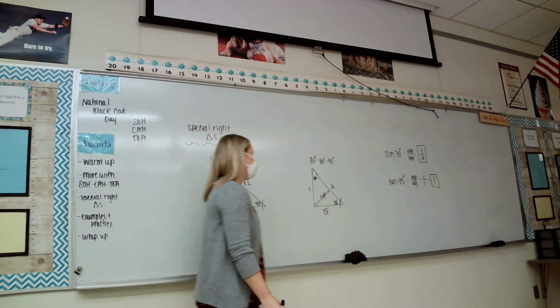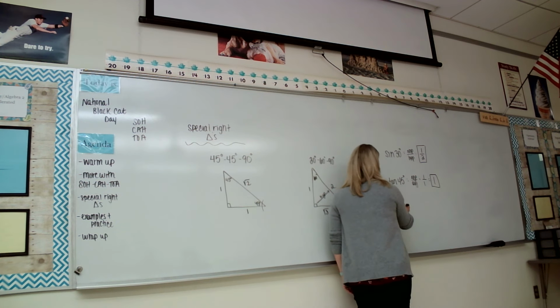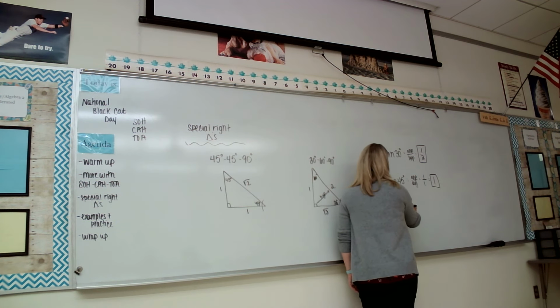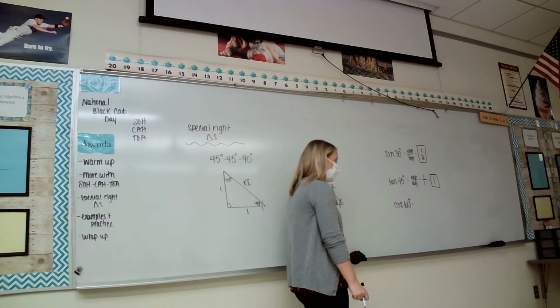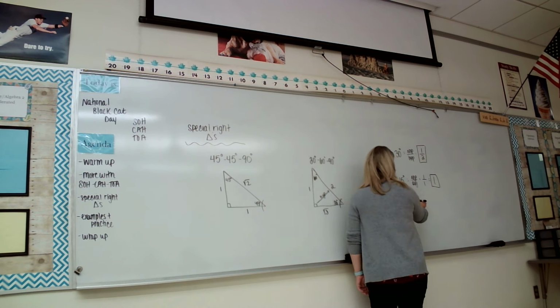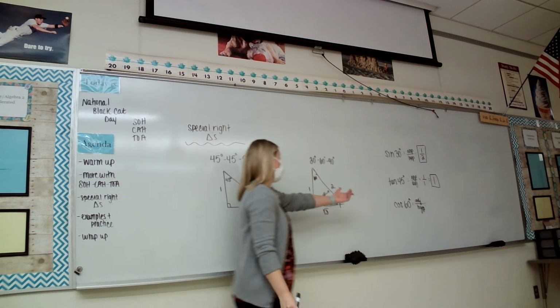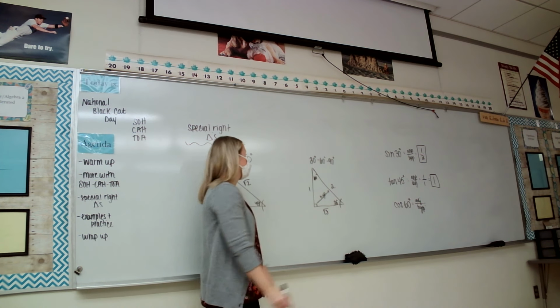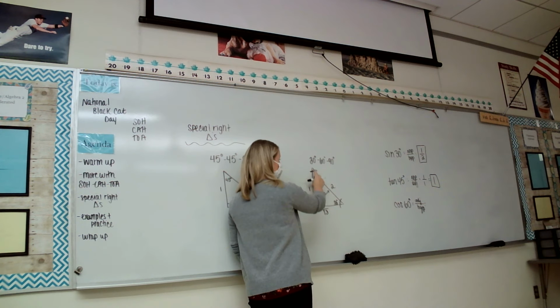So let's do another one. If I said, what's the cosine of 60? Cosine is adjacent over hypotenuse. The big thing is that you're using the right angle. So this time we're going to go to this angle. Okay, that's not that bad. From 60, adjacent just means next to it, so that would be 1.